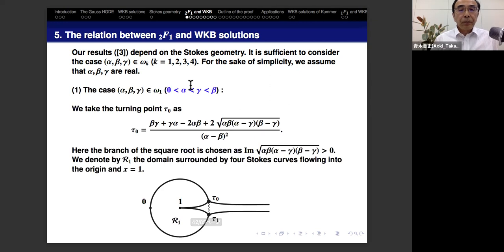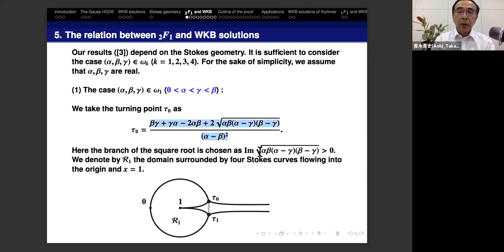First case, if alpha, beta, gamma belongs to omega 1, that is, alpha, beta, gamma satisfy this condition, then we take the turning point tau naught as this one.